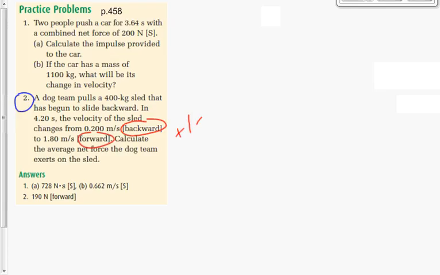To solve it now, that nice efficient tool that we learned a couple of days ago is called impulse. We're going to use impulse to solve this problem because what do you see in there that we use for that?